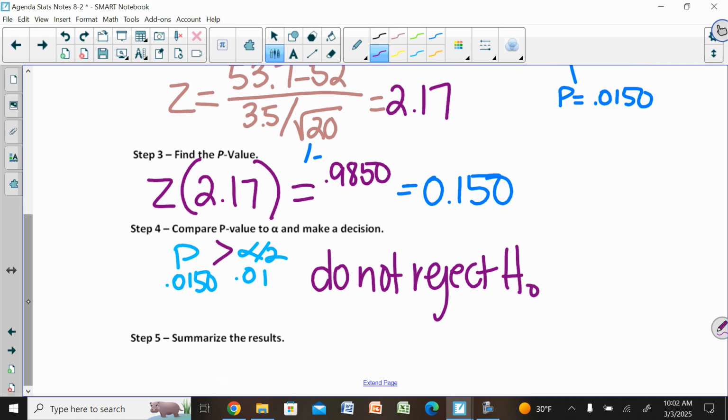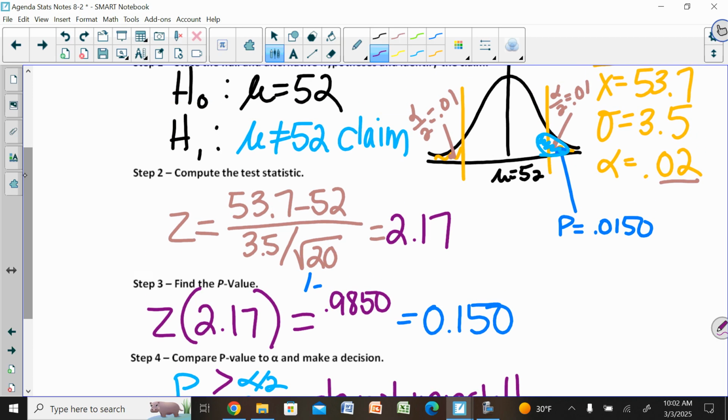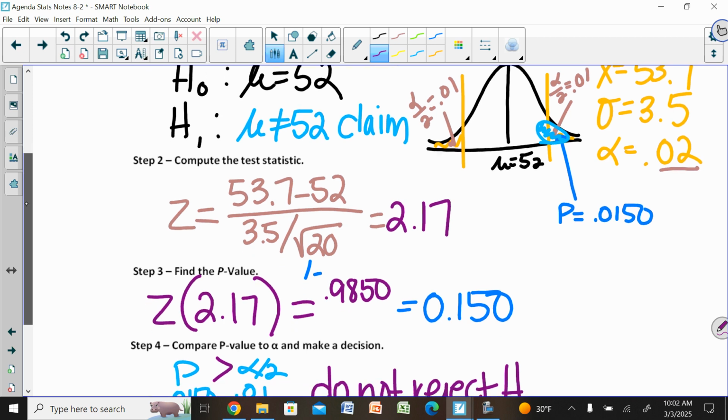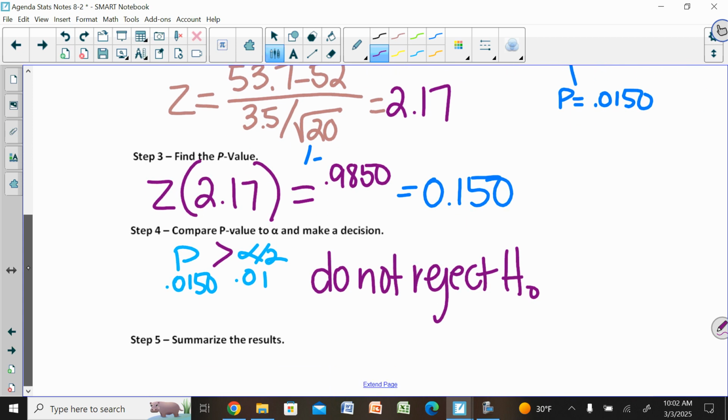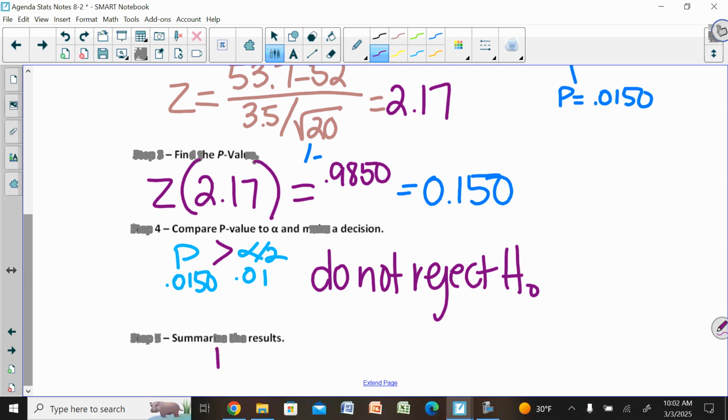And if I'm going to summarize, my claim is H sub 1, but I didn't reject the equality null hypothesis. So I say there is not enough evidence. And again, I'm going to the table. I don't have this memorized.